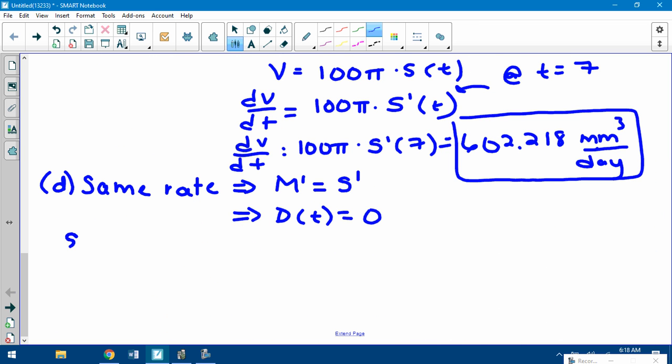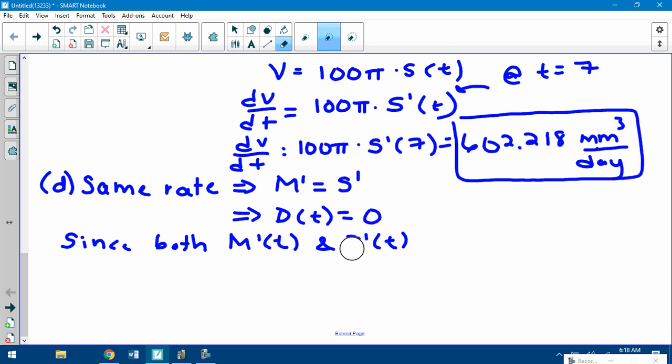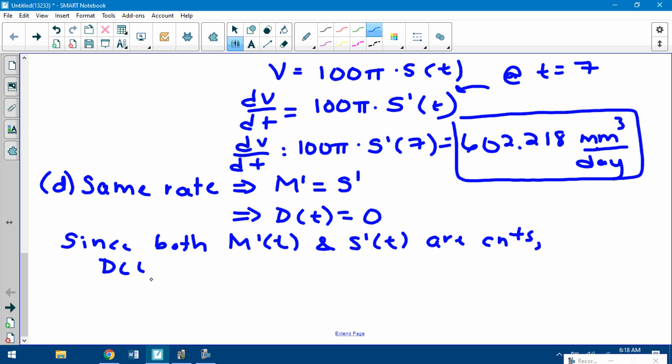So we can say since both m prime of t and s prime are continuous, d of t, which equals m prime of t minus s prime of t, is also continuous.